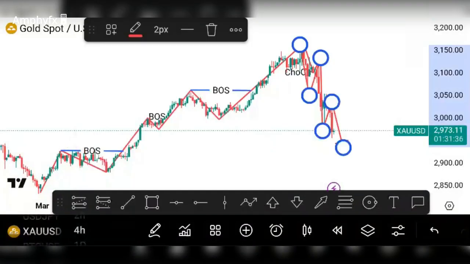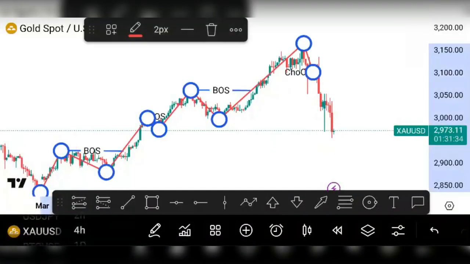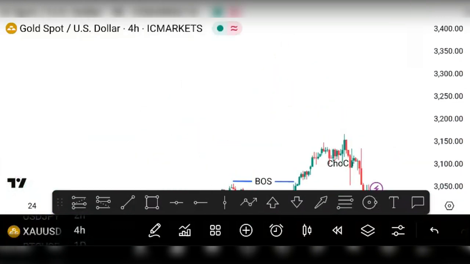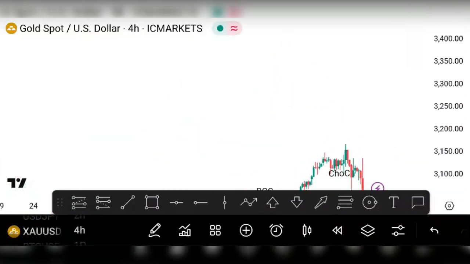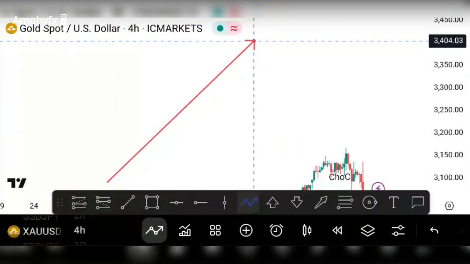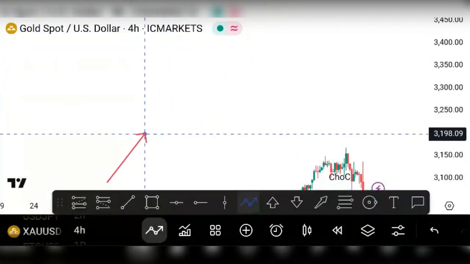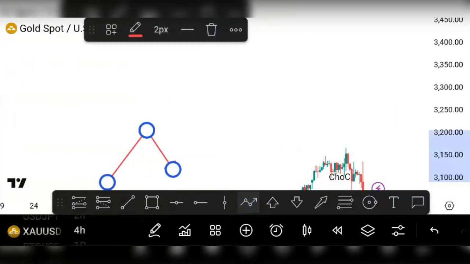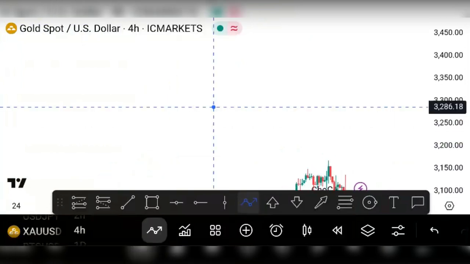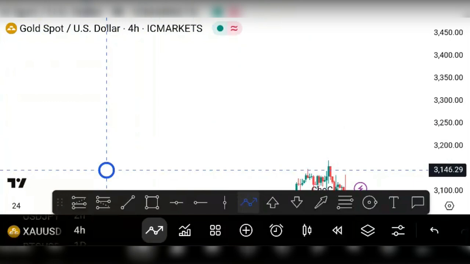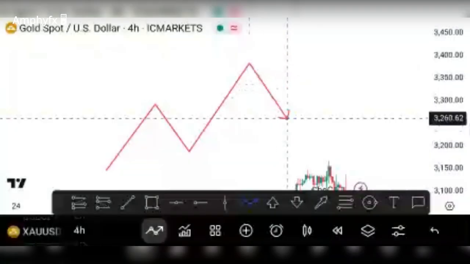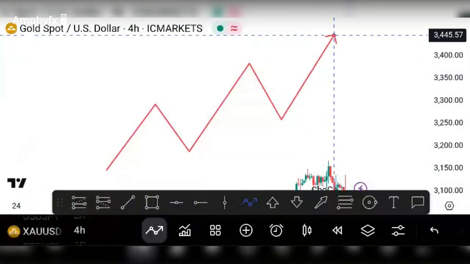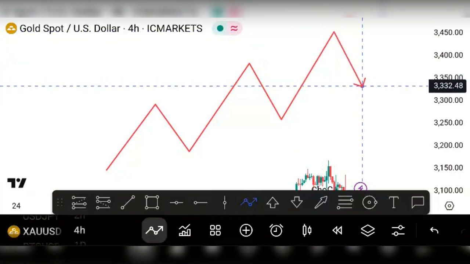So one thing with market is that market does not go in a linear way. Market doesn't just go like this. No, that's not how the market moves. The market will go up, then retrace back, go up, then retrace back, giving us the series of what?